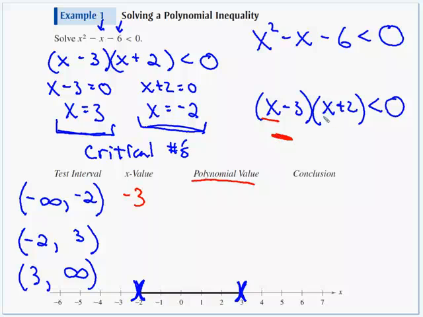If I plug the negative 3 in for this x, negative 3 plus 2 is also a negative answer, a negative 1. A negative times a negative is a positive. Is a positive less than 0? No. So this is not part of the solution set.